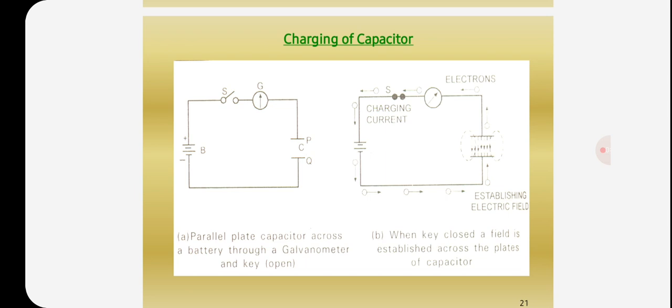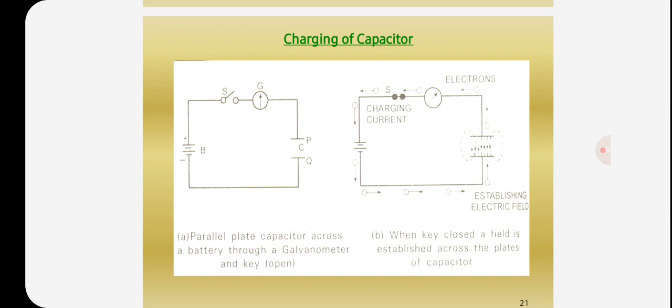Plate A is connected to the positive terminal of the supply and plate B is connected to the negative terminal of the supply. When the switch S is closed, the electrons from plate A will be attracted by the positive terminal of the battery and the electrons start accumulating on plate B.